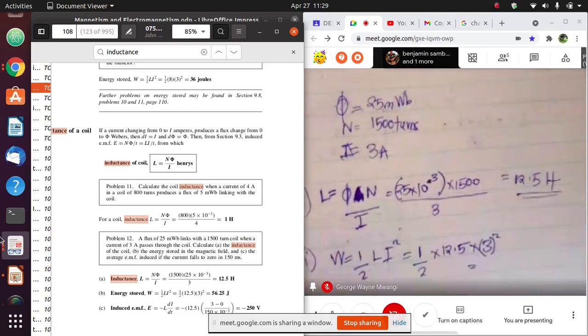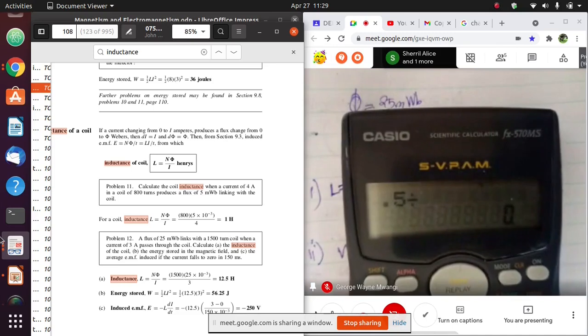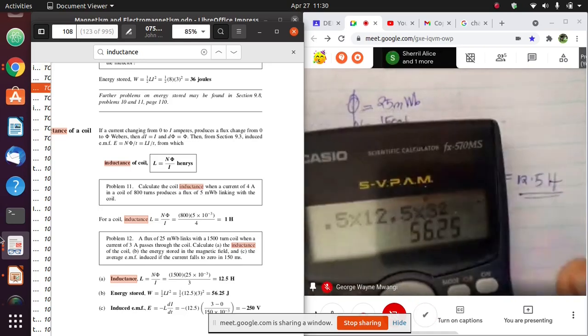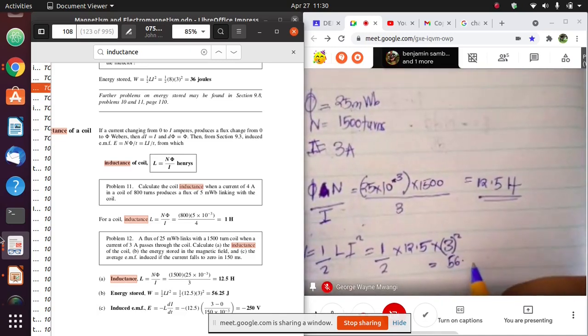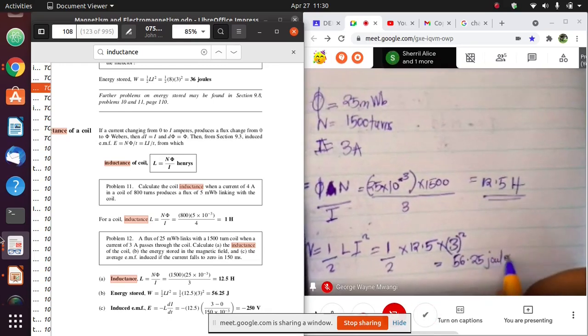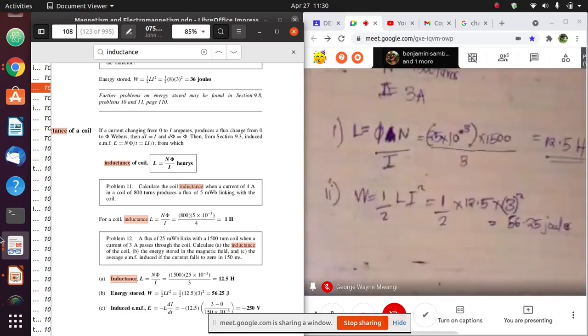So what do we get? 0.5 times 12.5 times 3 squared. We get that the energy stored in the magnetic field is 56.25 joules. Okay.